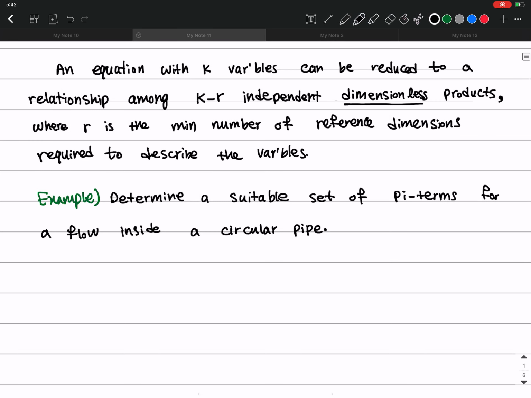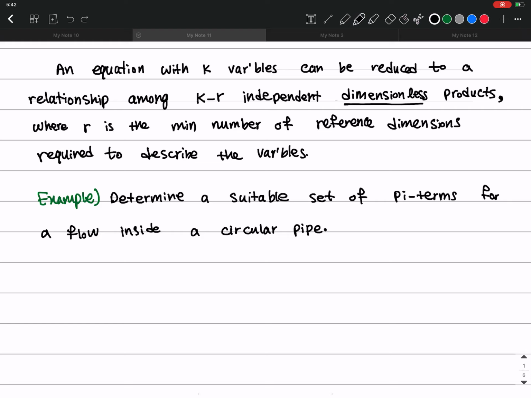So here we have a pipe. So as you see, we are moving toward the pipe flows, and this is kind of an introduction for the dimensional analysis and the kind of pi terms that we are going to use for pipe flows, especially their major losses in pipe flows, okay?